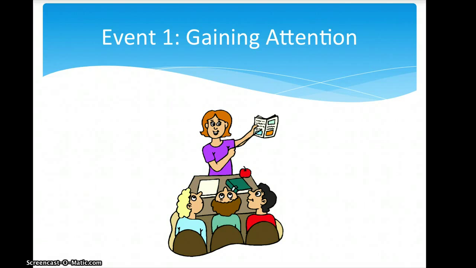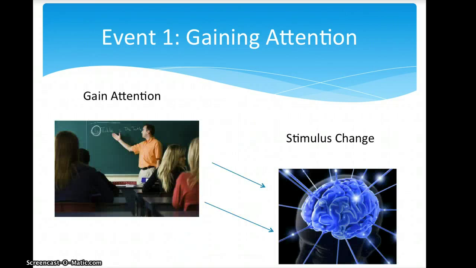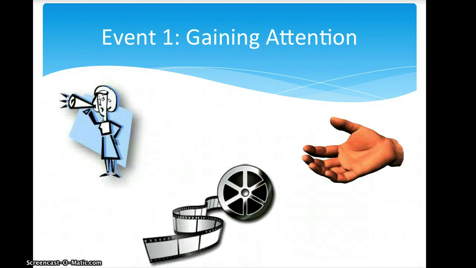Now, the first event is gaining the attention of the learners. This should always be the first event of effective instruction because learners must be receptive to new information. Gaining the learner's attention requires the teacher or instructor to create a stimulus change in that environment or that classroom. Now, most often verbal cues are given to capture the attention of the learners.